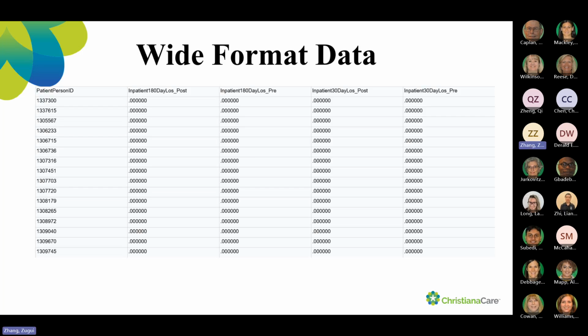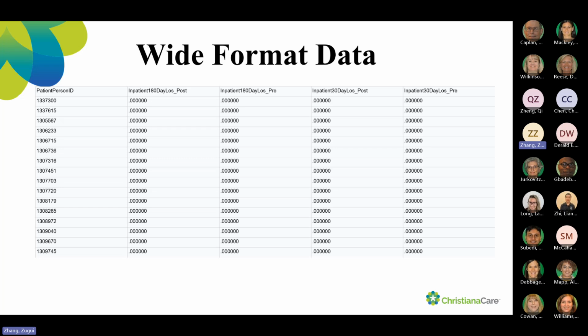So when we look at this multi-level modeling, specifically for the growth curve type of model, first we will have a wide format. Wide format means for each participant, for the different lengths of stay, we will have a pre or post. So the outcome will be before intervention and after intervention.